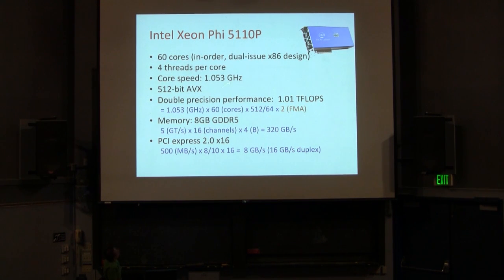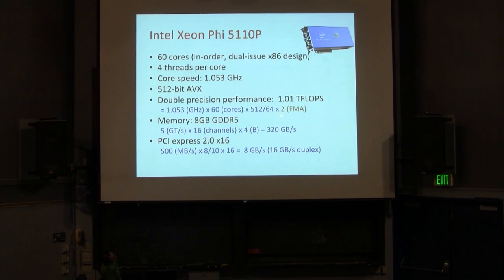Again, to get the best performance from this architecture, you really want to use the vector unit. Okay, and you can also do a quick calculation to reach their claimed theoretical flops, which is 1.01 teraflops.